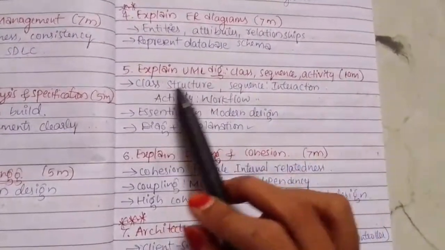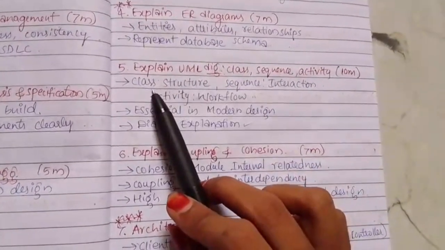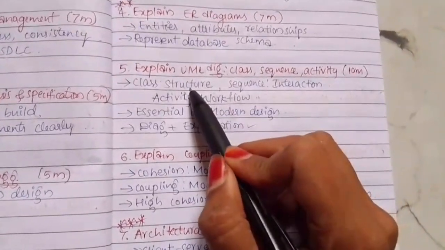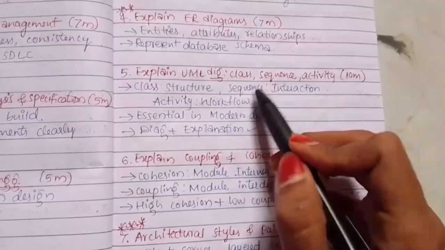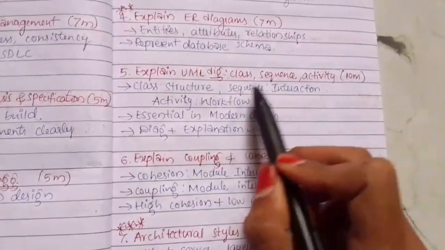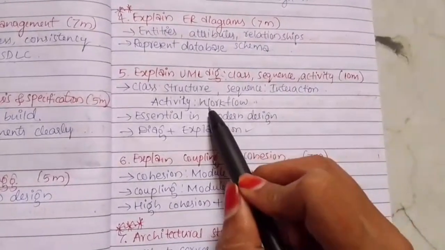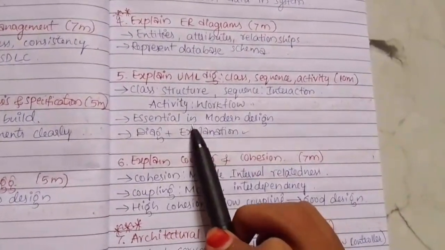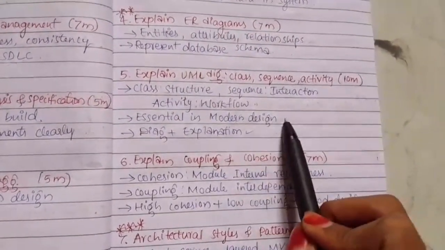For example, take the class in UML diagram. In that you have to explain the structure of the class, in sequence you have to explain the interaction, and in activity, the workflow you have to explain. UML diagram is essentially for modern design.